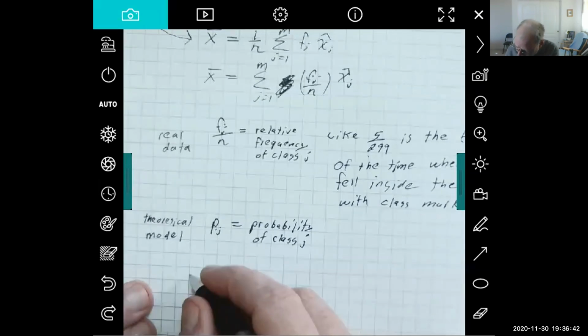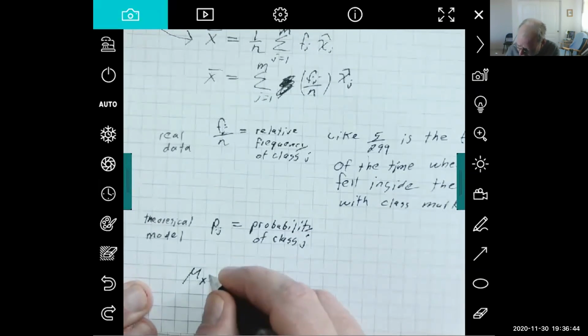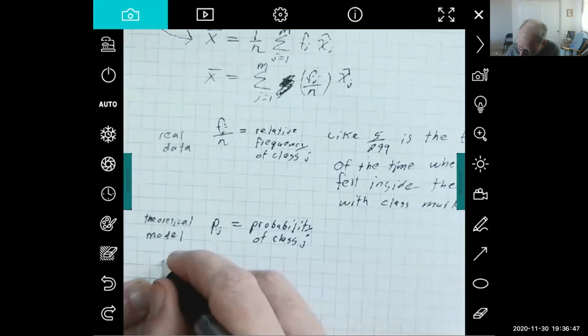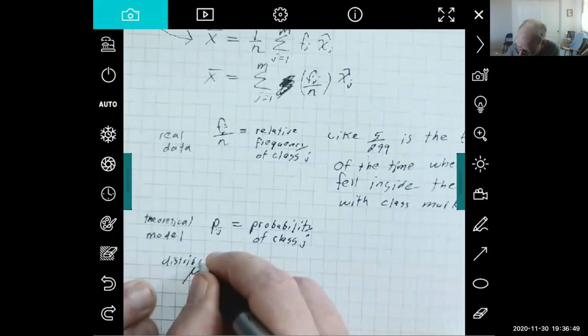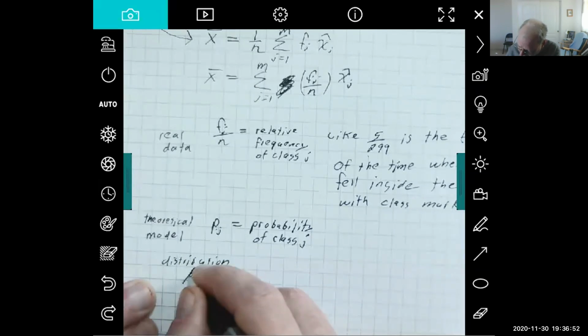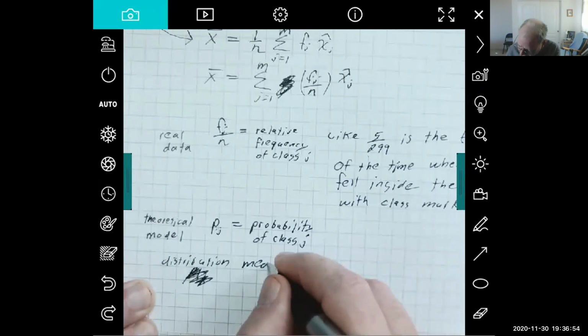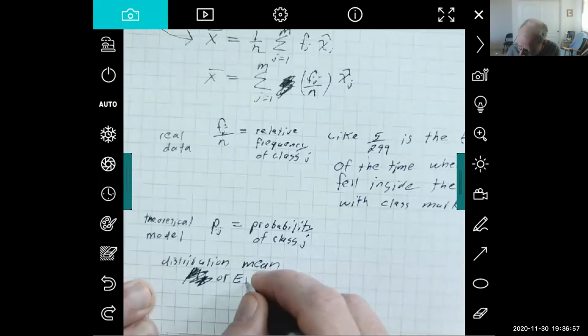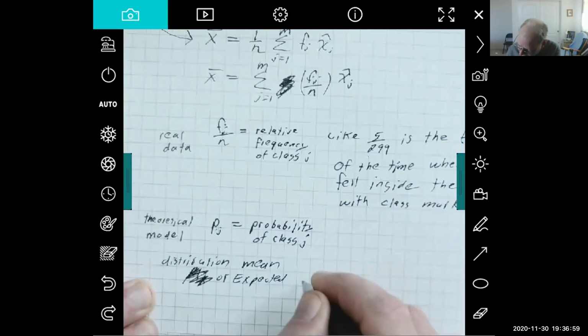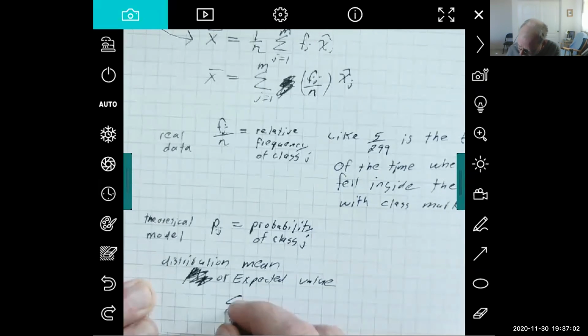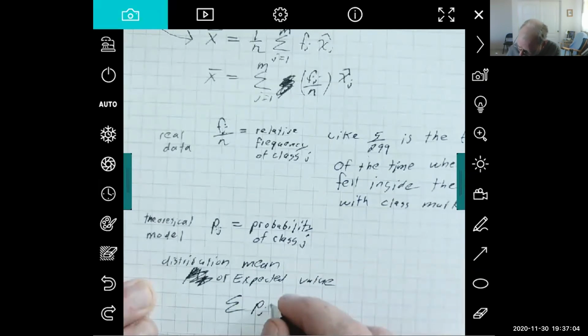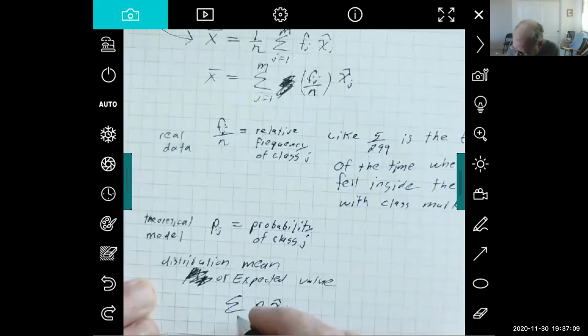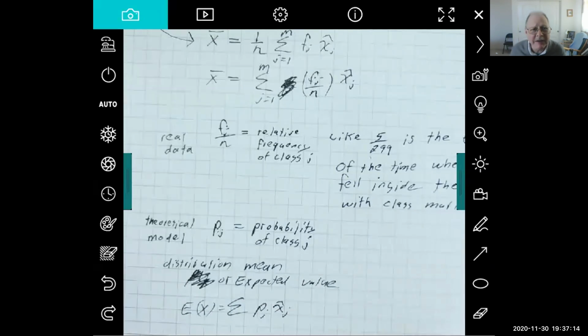So if I was doing the mean of the distribution, or expected value, I'd do this. Expected value of x.